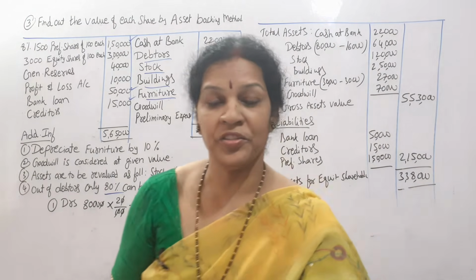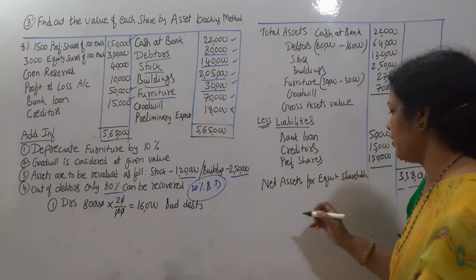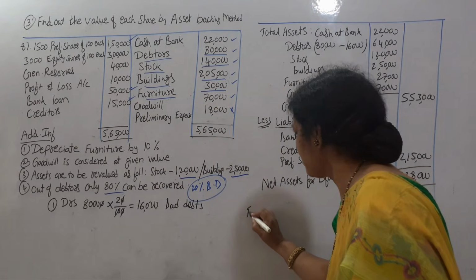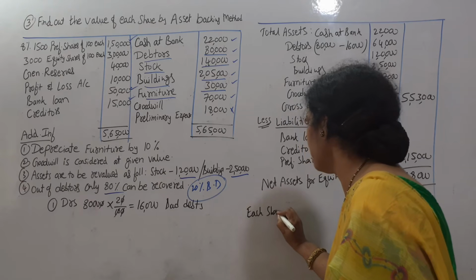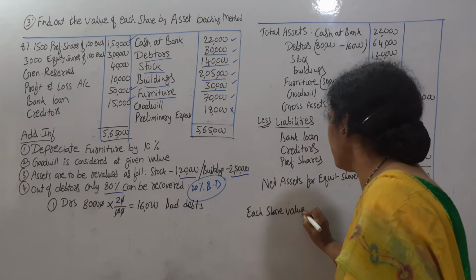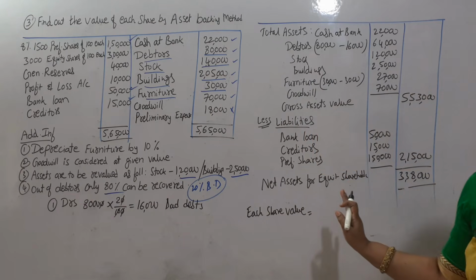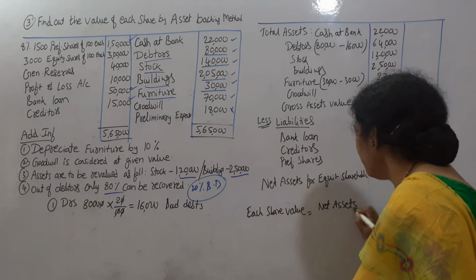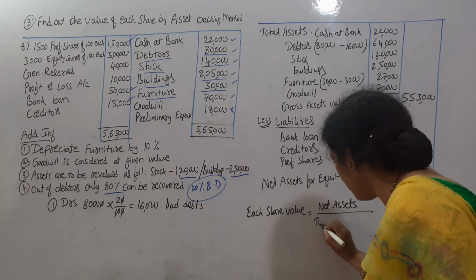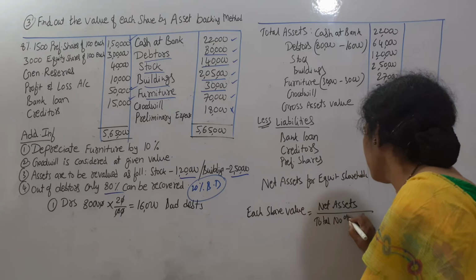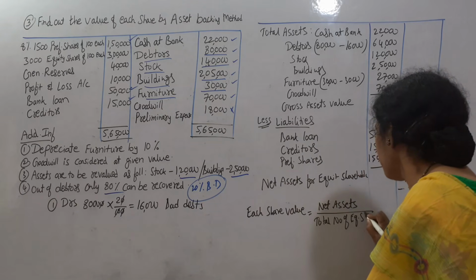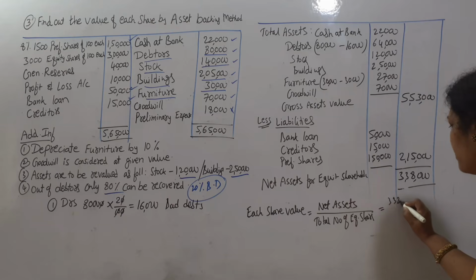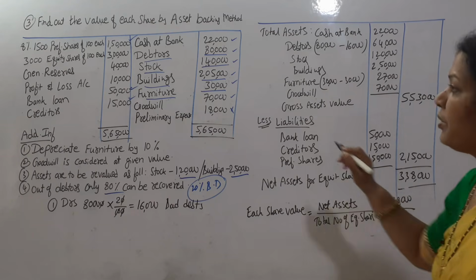Now, share value. Each share value, right? What is the formula? Net assets divided by the total number of equity shares. Net assets we know are 3,38,000.